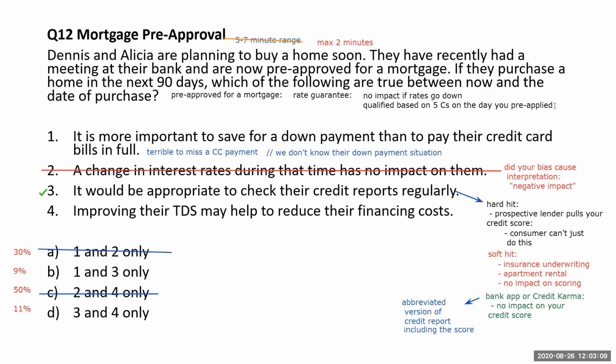Right, exactly, Greg, which reinforces that point. You also don't know their credit card situation, which again, I think makes it impossible to say that one is more important than the other. Okay. That's good.